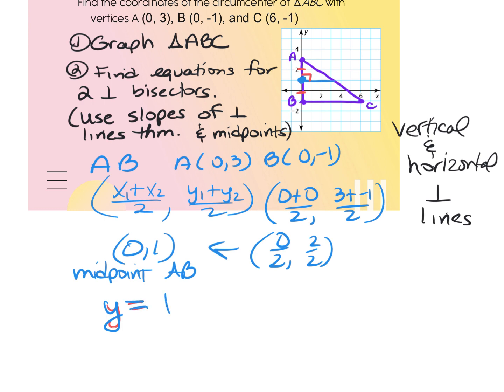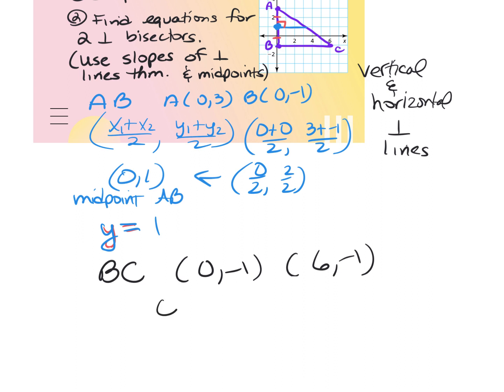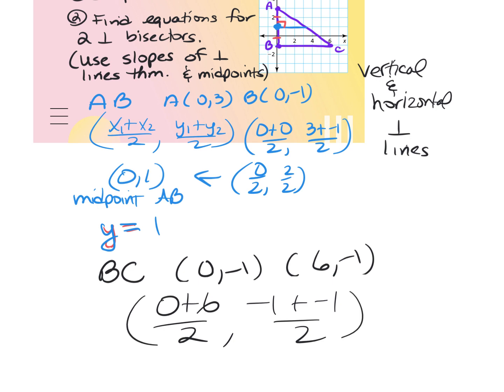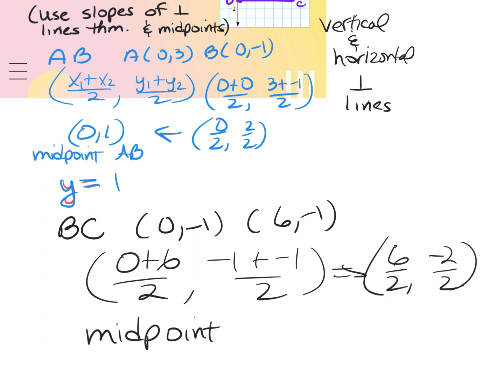Next thing I'm going to do is find the equation for another perpendicular bisector. So this is the first one. I'm going to go ahead and find the perpendicular bisector for side BC. So for BC, those ordered pairs, 0, -1 and 6, -1. I need to calculate the midpoint. 0 plus 6 divide by 2, -1 plus -1 divide by 2. I end up getting 6 over 2, -2 over 2. So my midpoint of BC is going to be the ordered pair 3, -1.